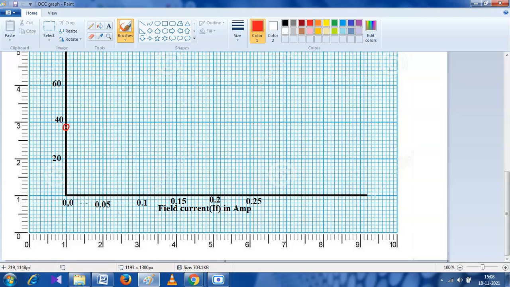Which is 0.02? कौन सा 0.02 है? Fourth place, sir. Fourth place. Good. And the y-axis reading is 48. That means this should be the point.